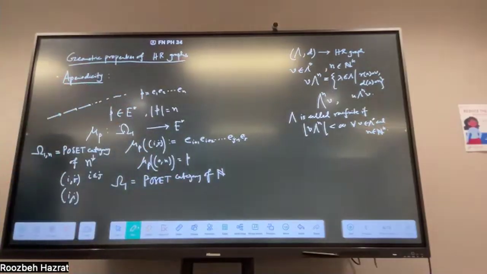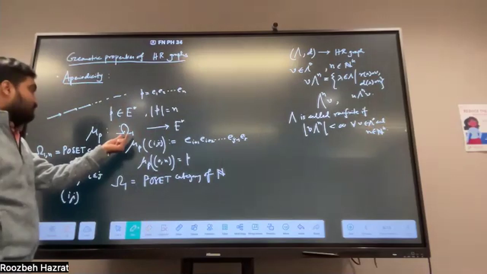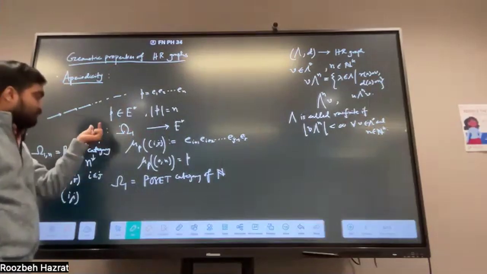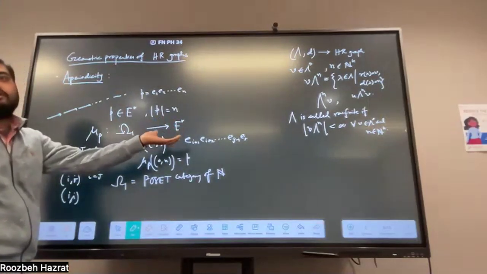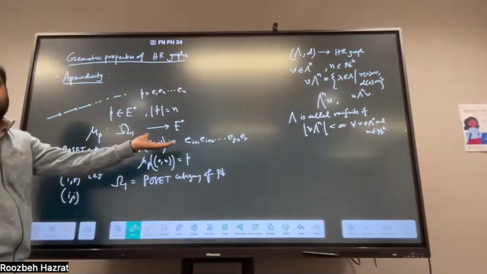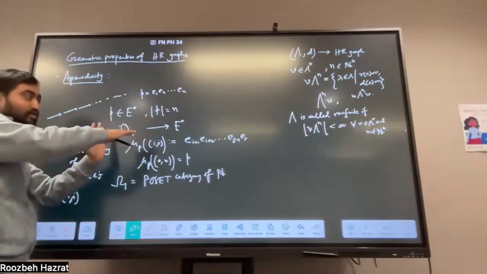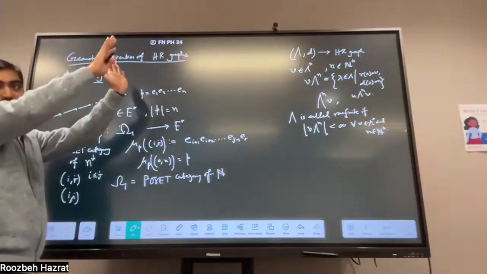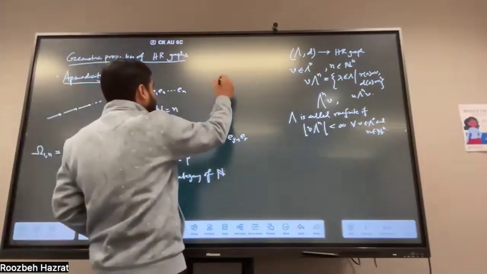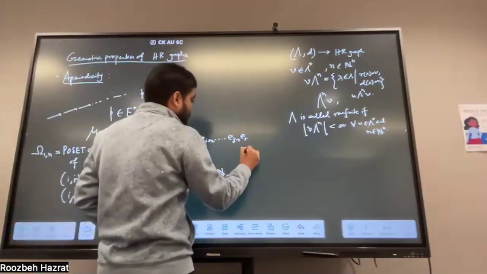So that is also a poset. So if you take this as your domain, then any functor from this to the path category is nothing but an infinite path, right? And since this is a purely category theoretic approach, you can take this in your higher dimension, right? And then you can define an infinite path.